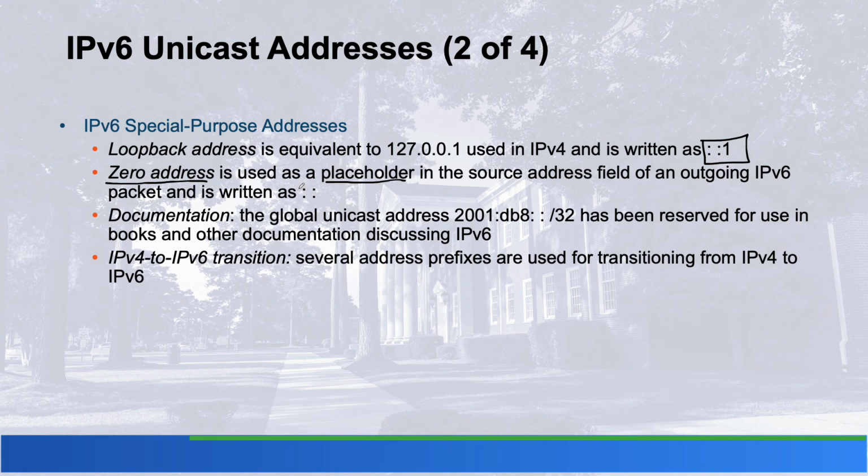When we have a 0 address, all zeros, we write it as double colon. 2001:DB8 is going to be documentation. What that means is it's reserved for examples in books. So if I'm doing a lab in my book, they might use that address, and that guarantees it won't conflict with other devices on the internet or on the network.